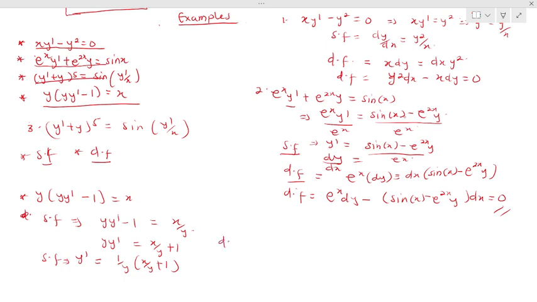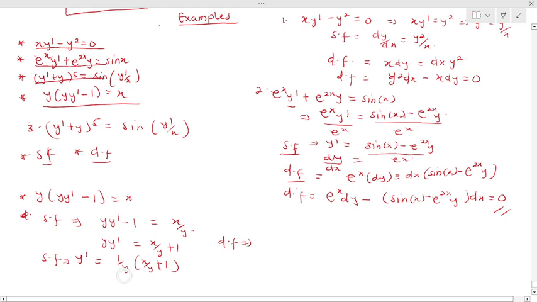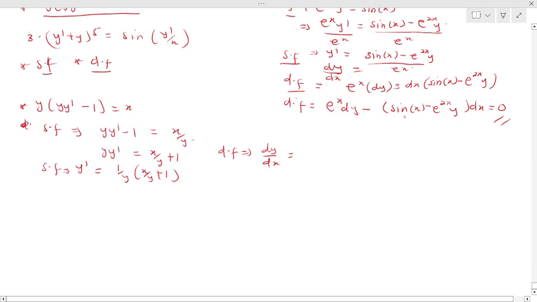Now for me to express this in the differential form, what do I do? I simply have to cross multiply. So you know that this is the same as dy over dx, which should be equal to the simplified right side. On my right side, this will multiply, so I have x on y squared plus 1 on y. So what do I do here? At this point, I only have to cross multiply.